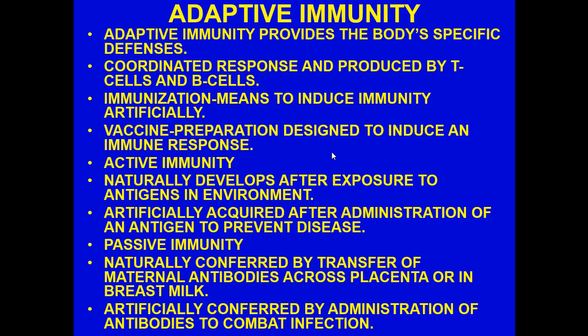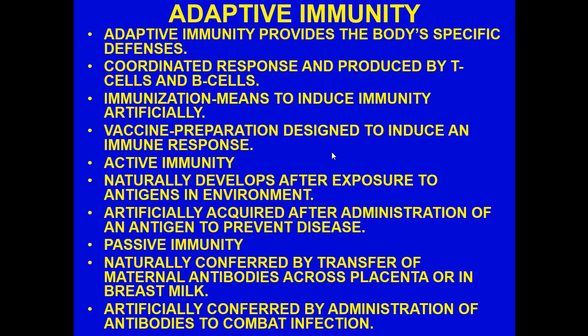This is naturally conferred by the transfer of maternal antibodies across the placenta, or by feeding the newborn breast milk that will contain mom's antibodies, and it will provide a limited period of immune defense for just a period of time, though, but it's enough to give the infant time to develop their own immune system and mature it.